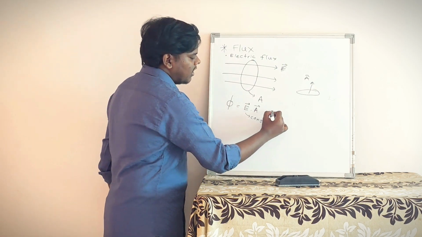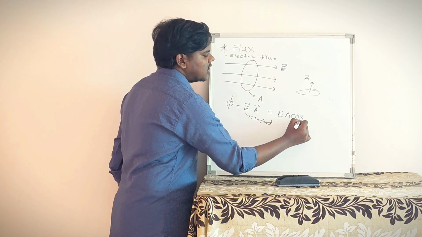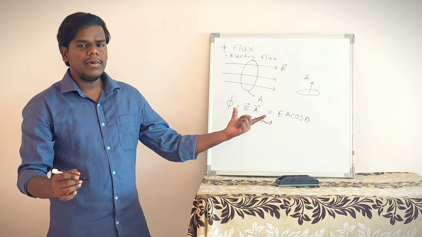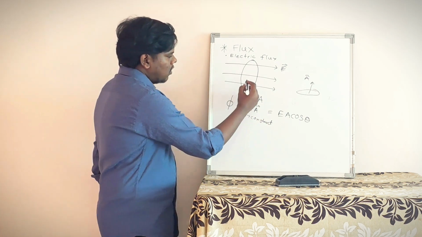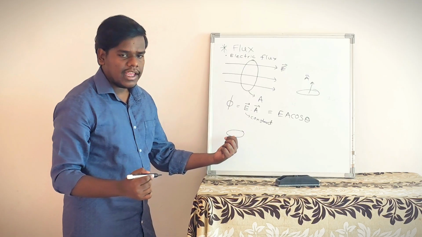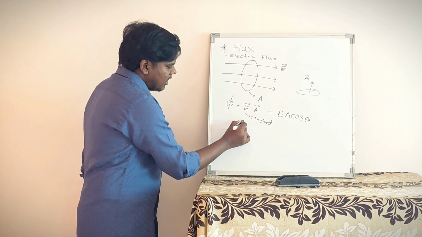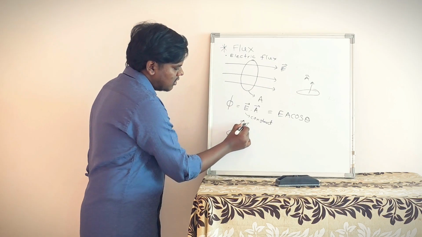This we can also write as E into A cos theta. So basically the dot product between two vectors. Suppose we have an area or object like this and electric field, let's say they are passing in this direction.